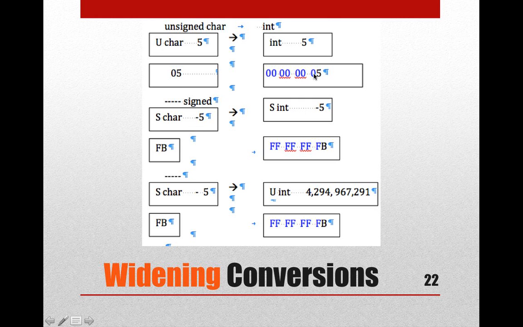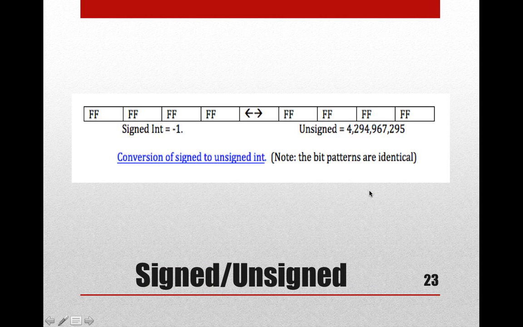This kind of shows that. If you have a 0 here, you're going to pad it with zeros. And F, of course, is 1, 1, 1, 1, so you're going to pad it with 1s here. This is interesting because this is a signed char, and you're going to an unsigned integer, so it goes from a -5 up to almost the highest integer for that.